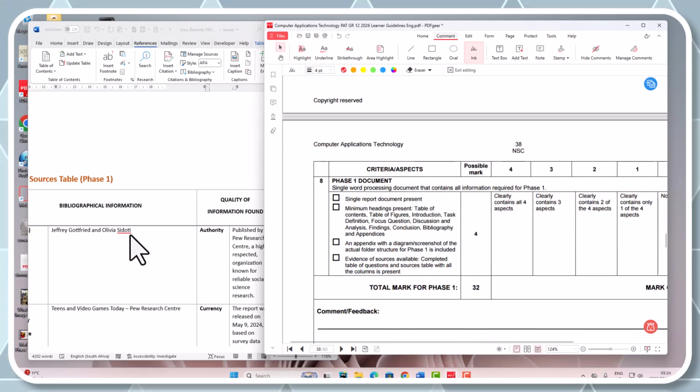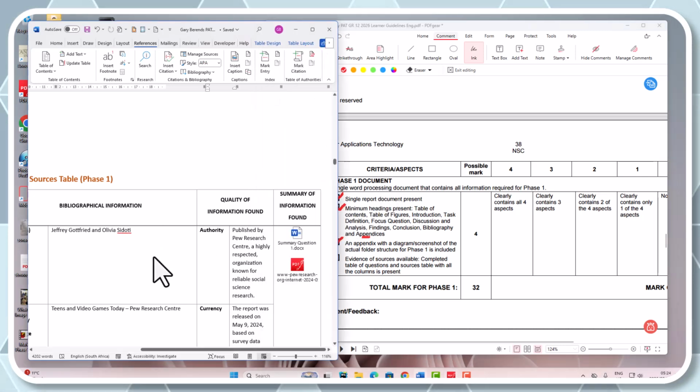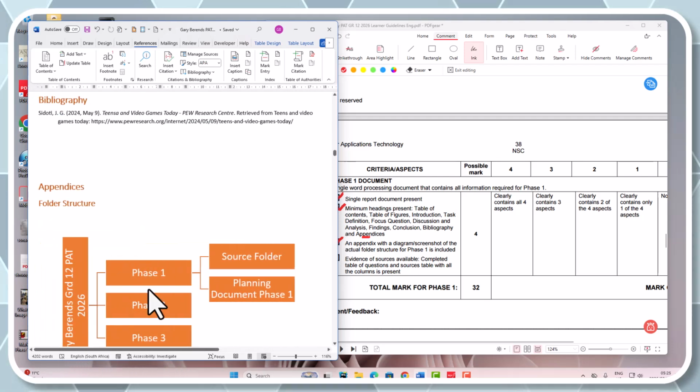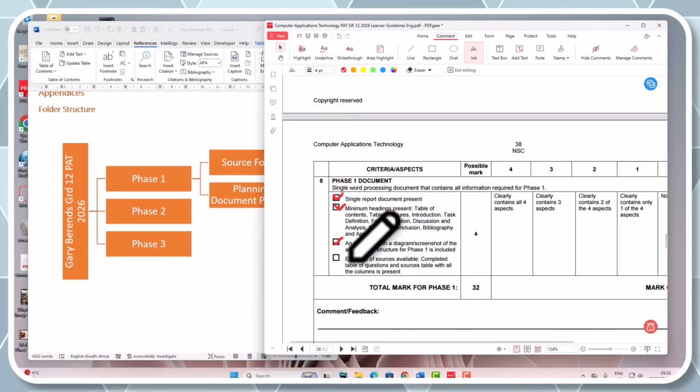Then the general layout of the document. It was a single document, yes. We've got all those headings in as required and appendices, the appendix of the diagram, screenshot of the folder structure, and the folder structure was up here for phase 1. Good, and evidence of sources that will be inside your folder, so 4 marks.